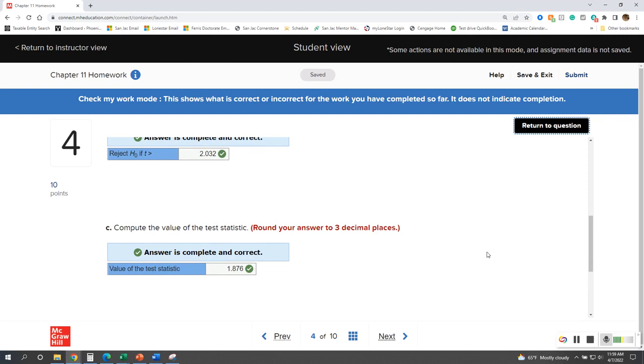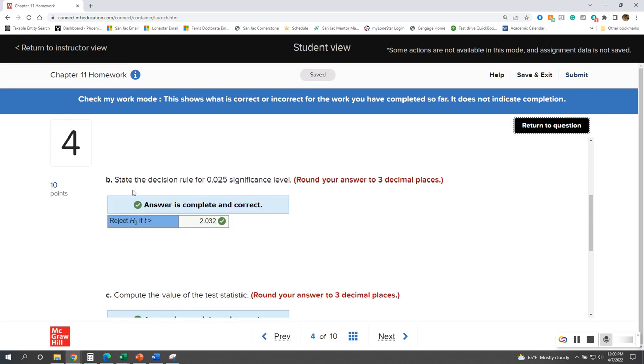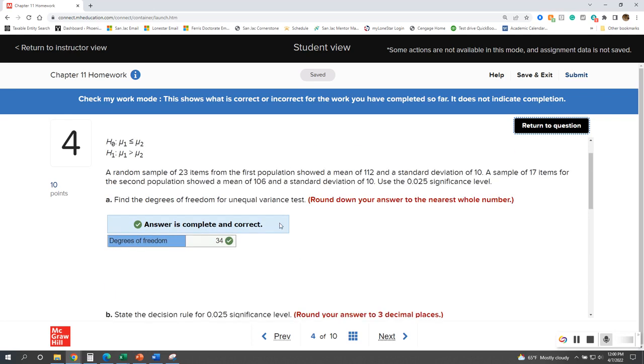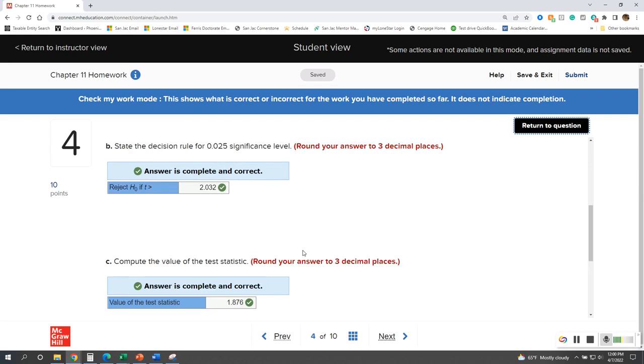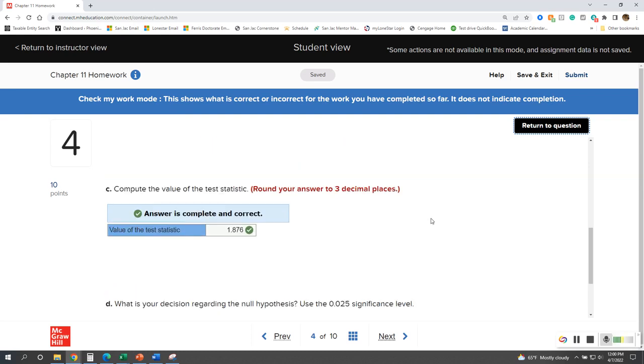So hopefully this is becoming a little bit easier to follow along now, and makes this chapter just a tiny bit easier. What we're trying to do is see if you can use the critical skills to know how to find our decision rules, how to figure out degrees of freedom, just figure out these items.